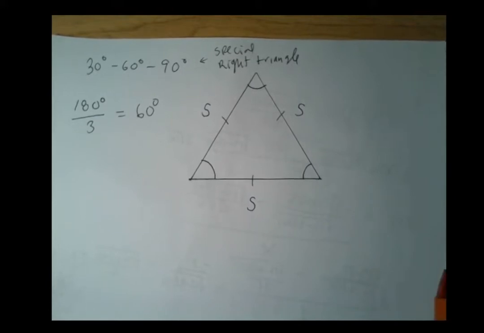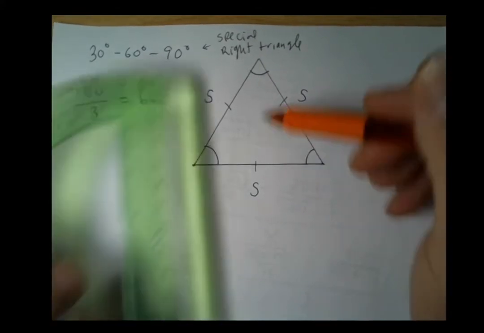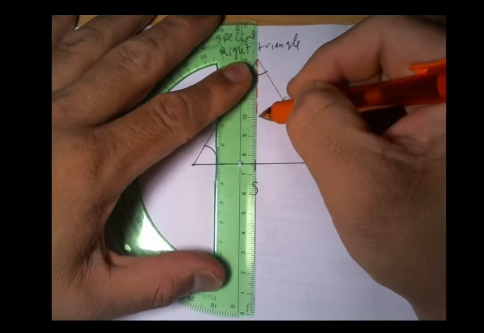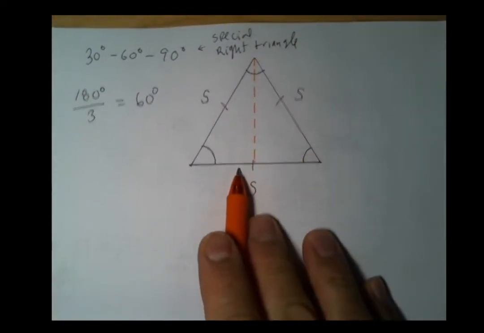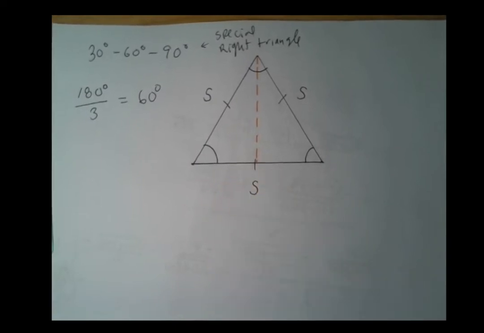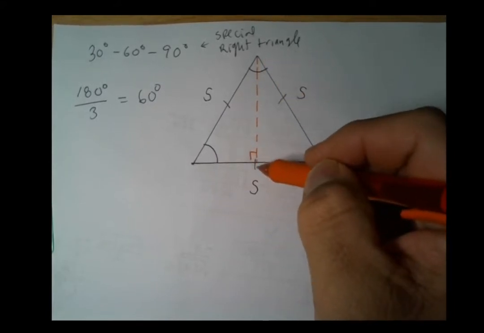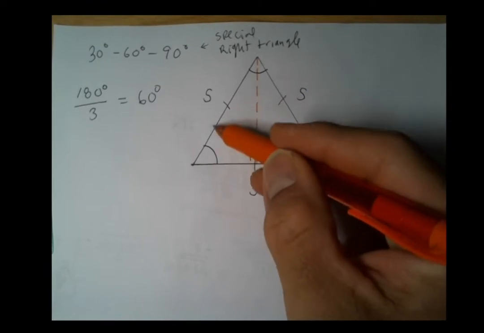As it turns out, if we construct an angle bisector where we cut this angle in half, it also cuts this side in half. Again, another geometric property: the angle bisector turns out to be a perpendicular bisector to the side. So now we have this right triangle.